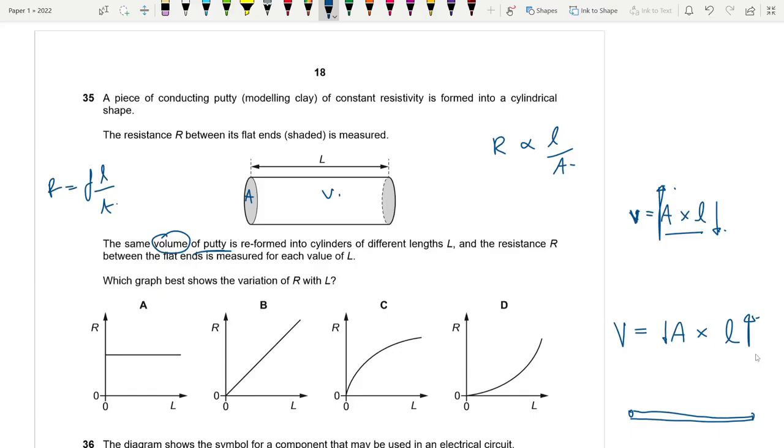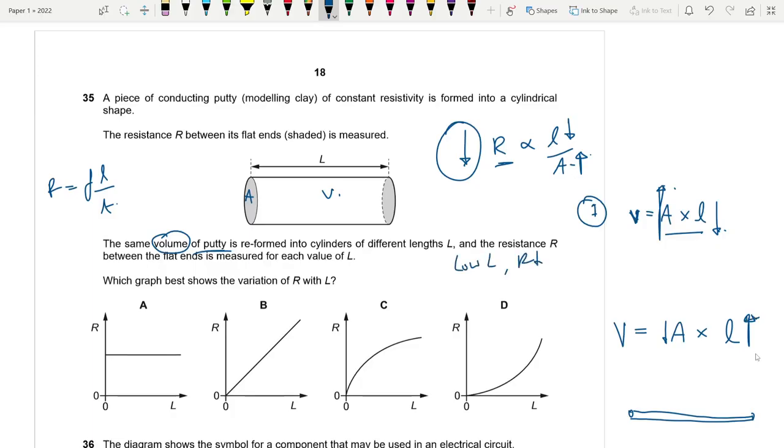Okay, so guys, think about it. Let's consider object 1, the one which has very low length. When you have low length but really high area, what happens to resistance? Numerator decreases, denominator increases, so resistance decreases. So for a low length, resistance should be low.